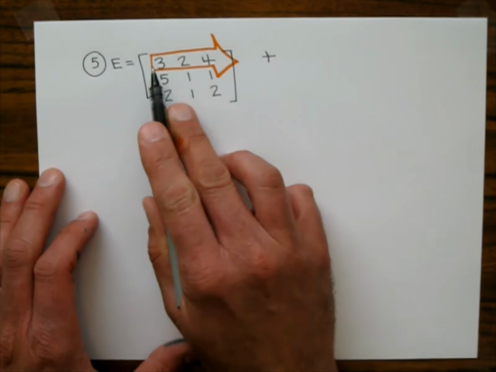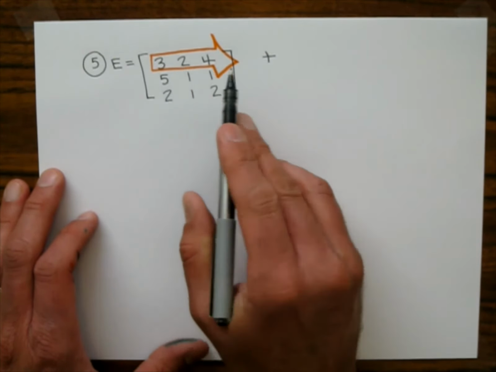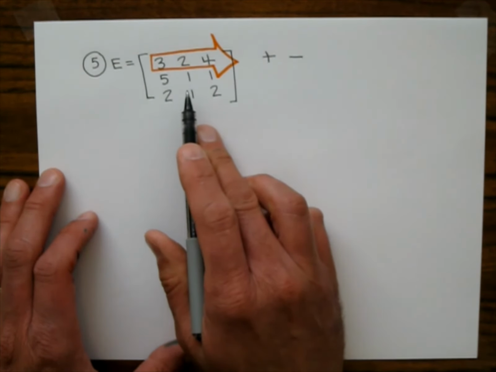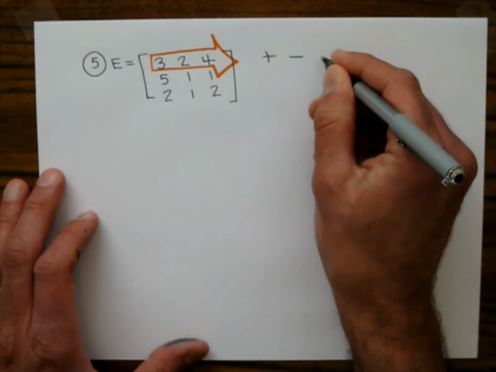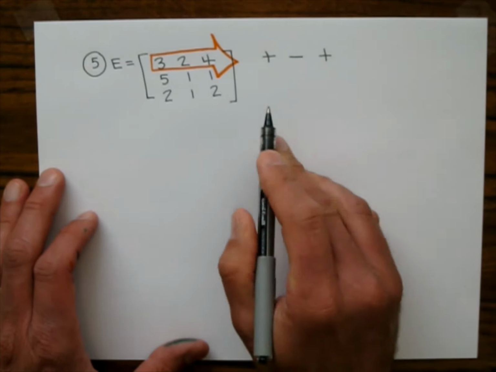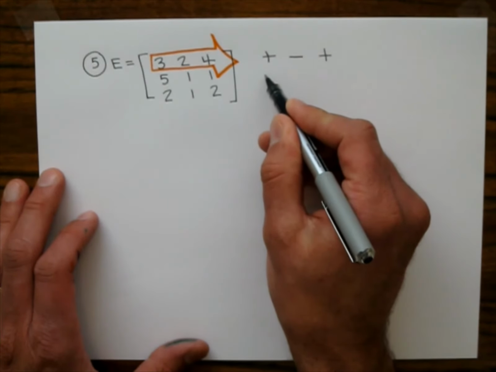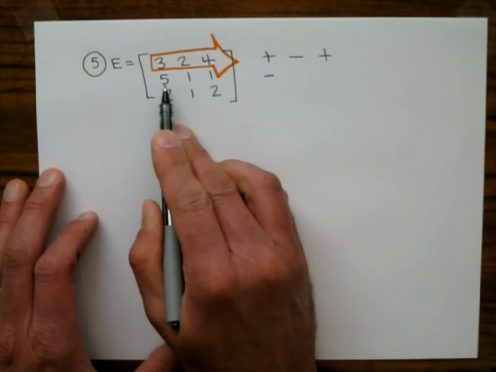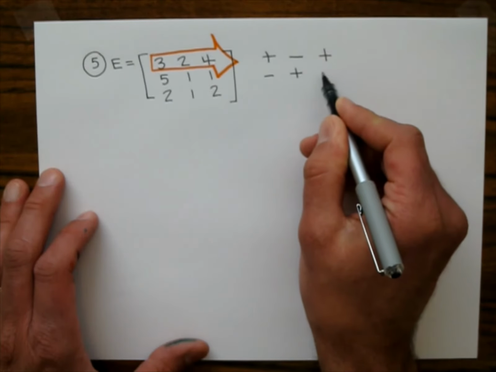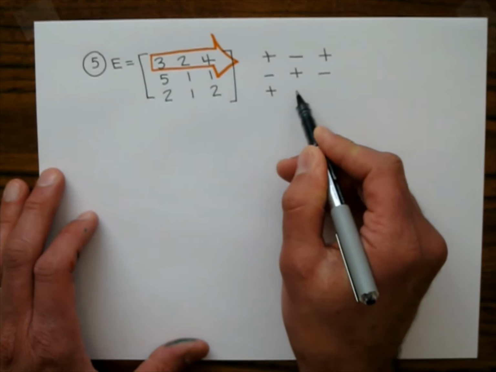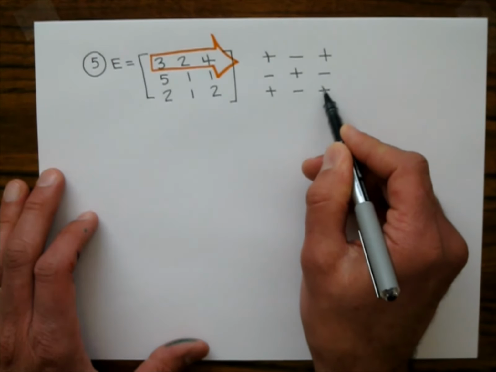And even though this 2 is a positive 2, it's still in the negative position when you're computing determinants. And then this 4 is in the positive position. And this is going to work like a checkerboard or a chessboard. So that 5 is in the negative position, and then plus, and then minus, and then that 2 is in the positive position. So do you see how it looks like a checkerboard?